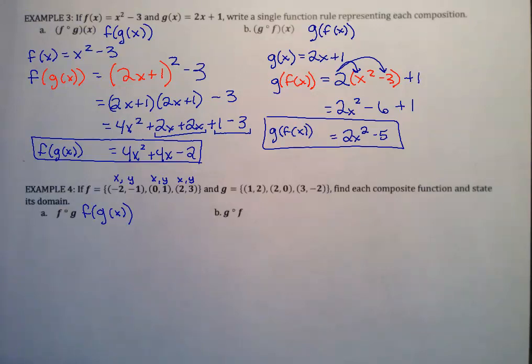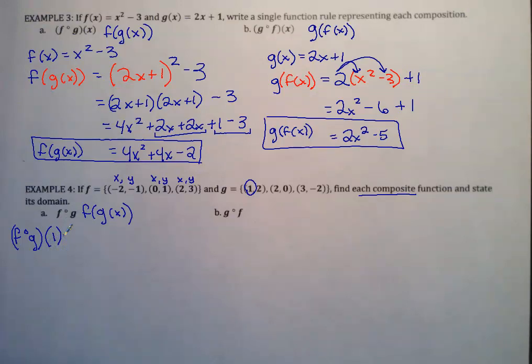So when we're doing this, we want to solve the f of g for each, right? It says find each composite function and state its domain. So we want to find f of g, so the function of g, and so we need an x value to put in there. So the g's first x value is 1. So we're going to do f of g of 1. Well, we don't have an equation to plug that 1 in.